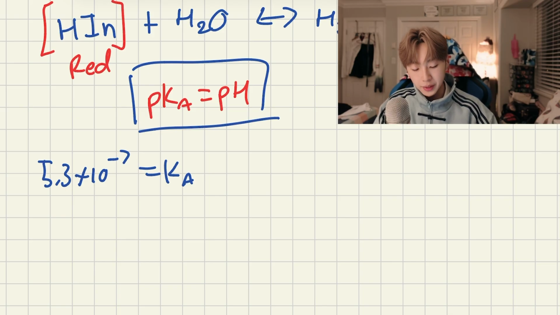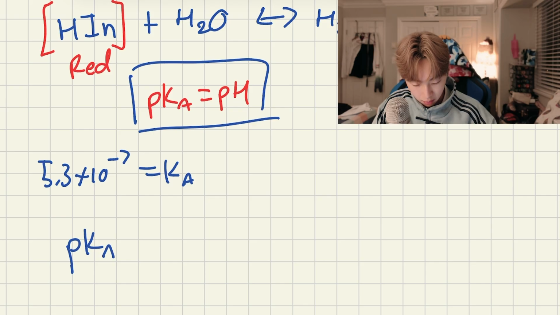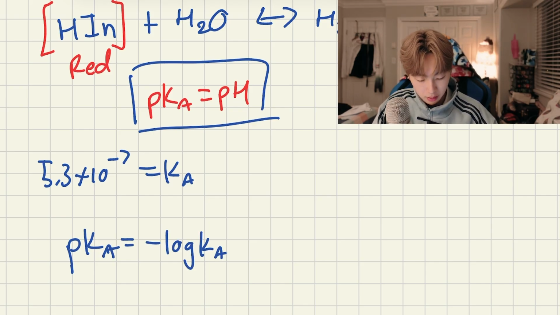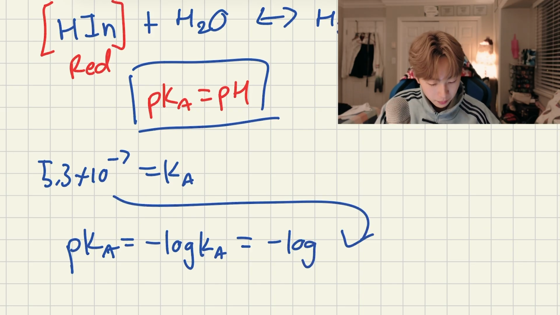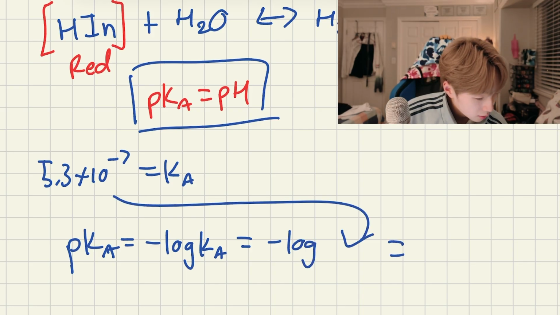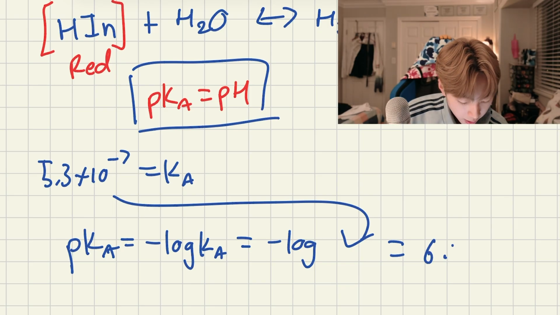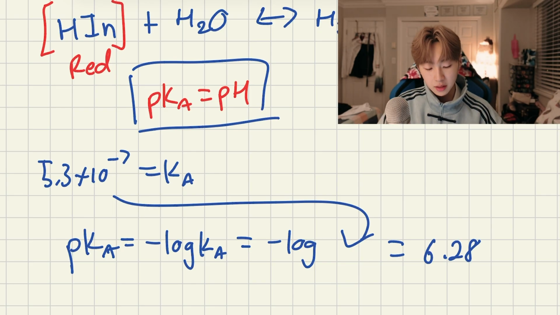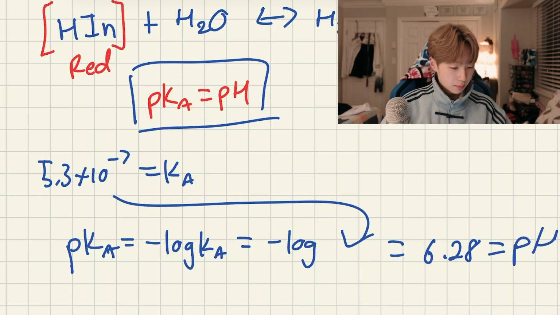So we have to find our pKa. How do we do that? It's going to be our negative log of our Ka, which is equal to negative log of this number, which is equal to 6.28. And that's going to also equal our pH.